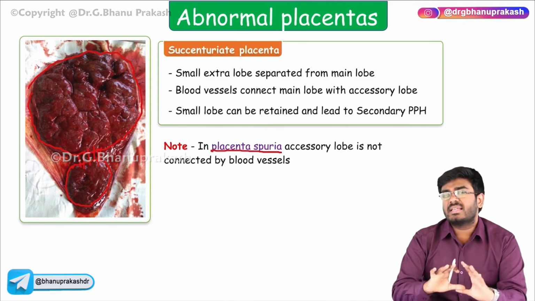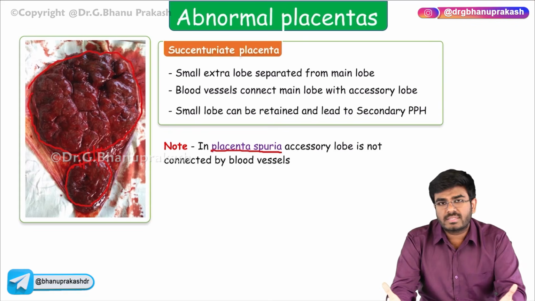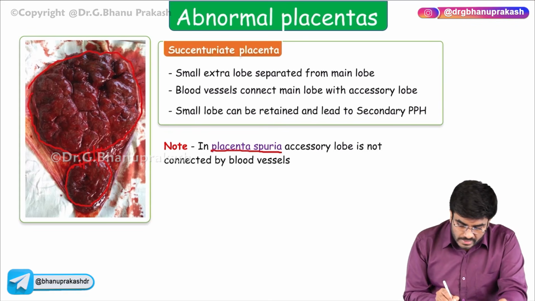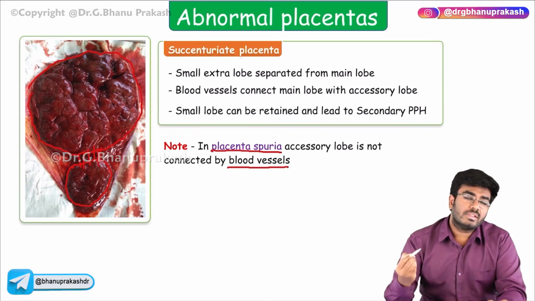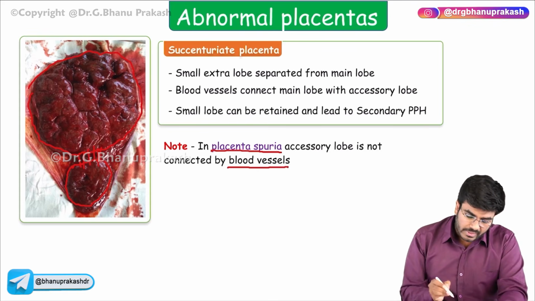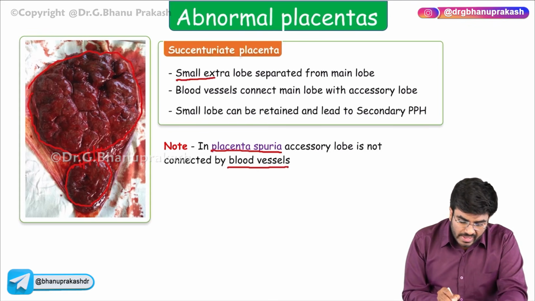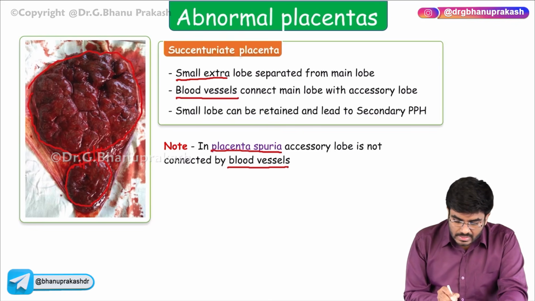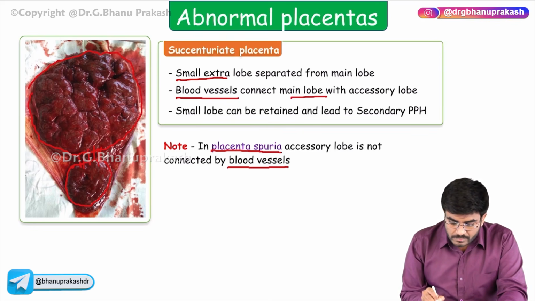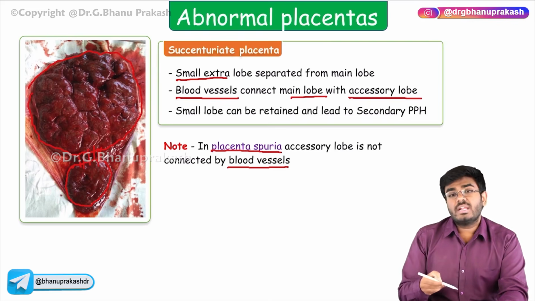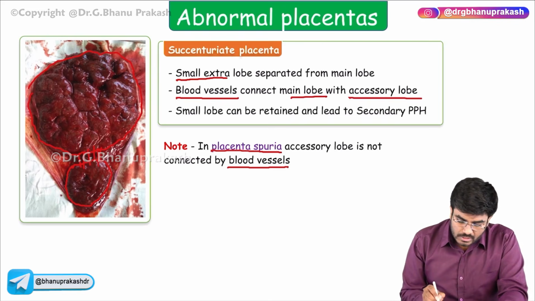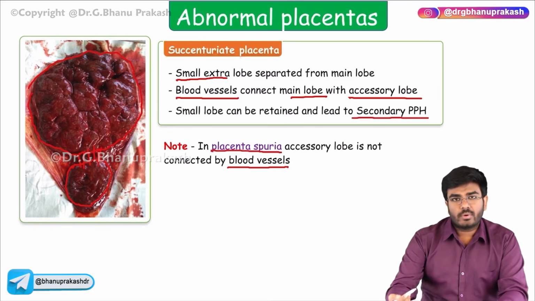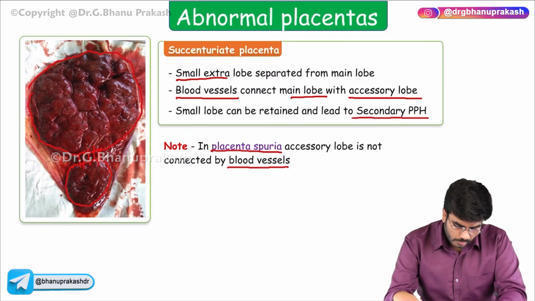It is exactly the same as Succenturiate placenta, but there is no blood vessel connection between the two lobes. Again, Succenturiate placenta means a small extra accessory lobe is present and blood vessels connect the main lobe with the accessory lobe, and it is also an important risk factor for secondary postpartum hemorrhage. Okay, important point.